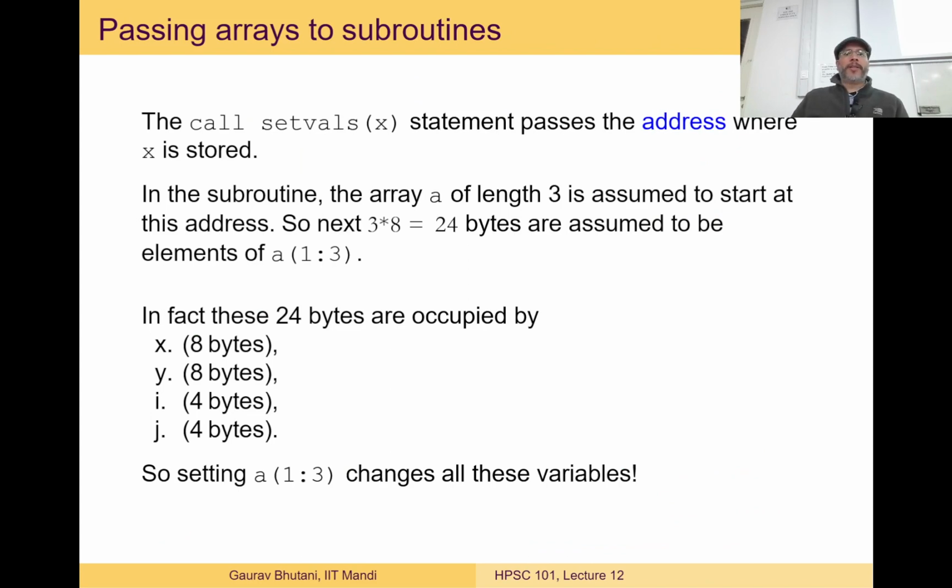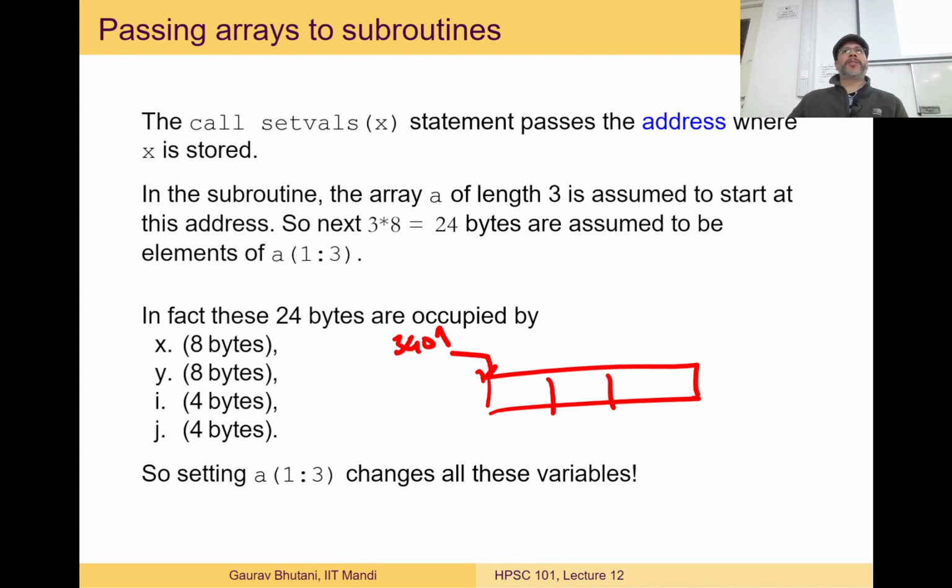So this happens because whenever you pass an array into a subroutine or a function, it is passed by address. So this array A, which had 8 times 3 bytes in it, has an address, like we had this 3401, which is the address of the memory location where that number is sitting, the first location.